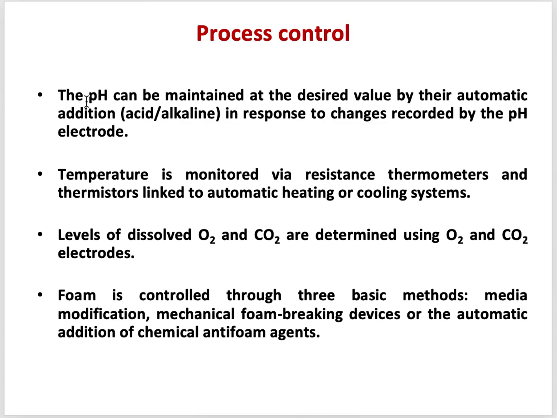So the pH can be maintained at the desired value by the automatic addition of acid or alkali in response to changes recorded by the pH electrode, that is, the pH sensor.